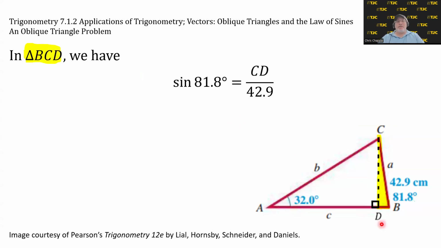Let's start with triangle BCD. We have angle B, and we are going to set up a trig function involving the opposite side CD. We know the hypotenuse is 42.9. Sine is opposite over hypotenuse, so sine of 81.8 degrees is CD over a, which is 42.9.